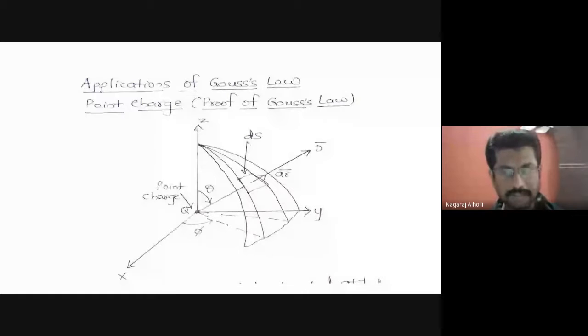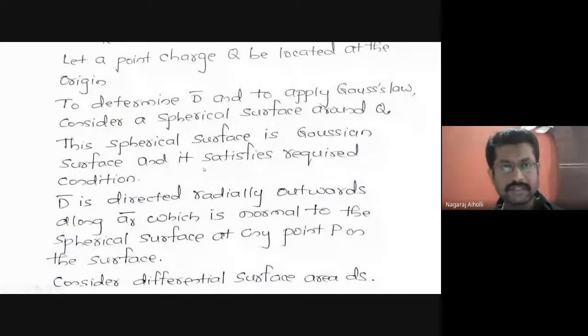Consider a point charge Q placed here. Surrounding this point charge, the Gaussian surface that we are considering is a sphere. Let a point charge Q be located at the origin. If you want to find D bar, the electric flux density, and apply the Gauss law, then we have to consider the spherical surface, because the Gaussian surface should be a closed one.